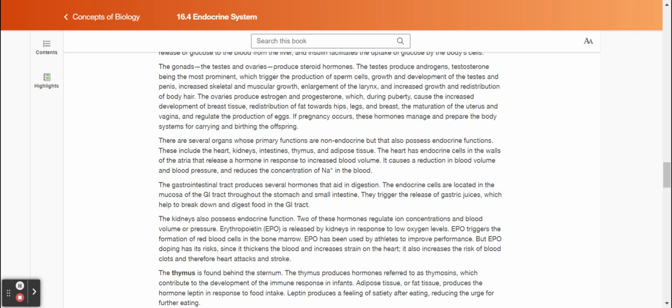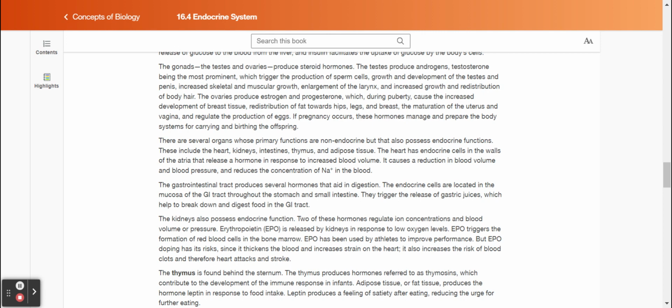The gonads: the testes and ovaries produce steroid hormones. The testes produce androgens, testosterone being the most prominent, which trigger the production of sperm cells, growth and development of the testes and penis, increased skeletal and muscular growth, enlargement of the larynx, and increased growth and redistribution of body hair.